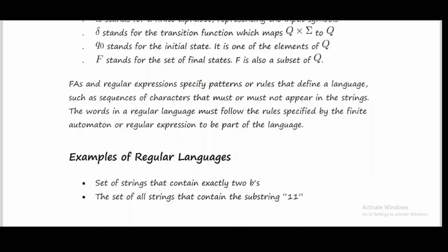The words in a regular language must follow the rules specified by the finite automata or regular expression to be part of the language. What does it mean? The finite automata or regular expression is saying that certain strings will be part of that language, and other strings will not be accepted by that automata.